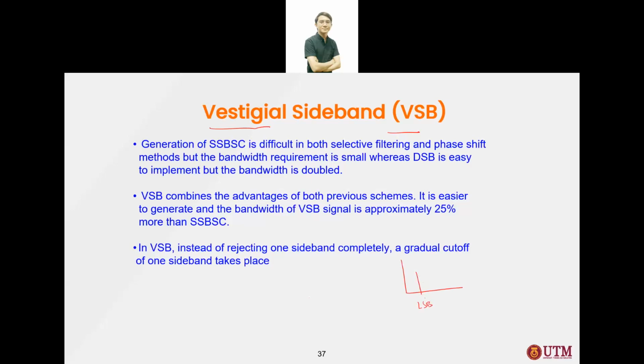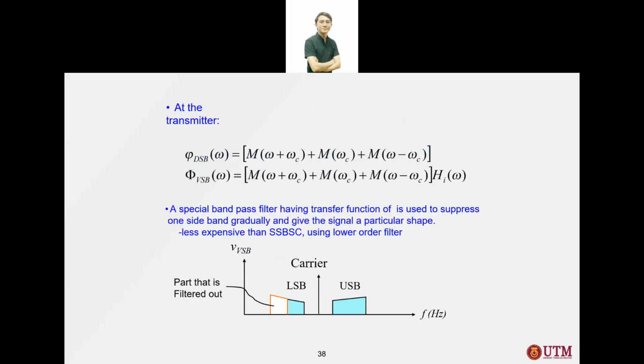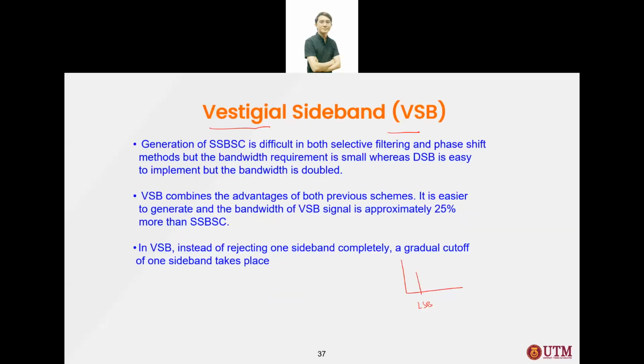For example, this one is your lower sideband, and you only send one band. So you have the upper sideband initially. But the concept of vestigial sideband is that you take a portion of the range at the lower sideband with some, not all, of the range in the upper sideband.